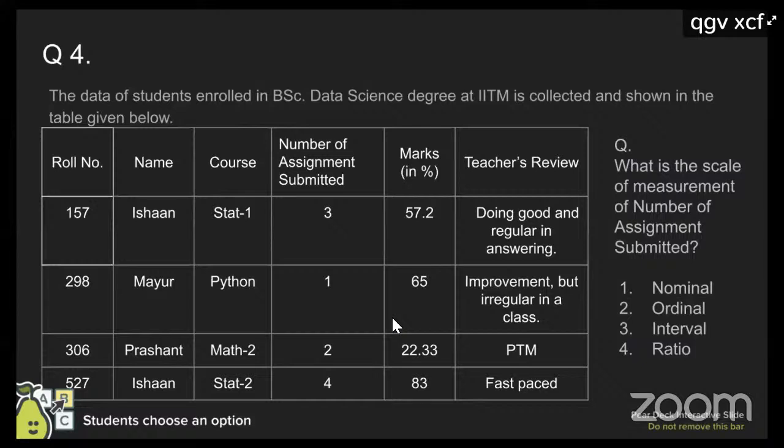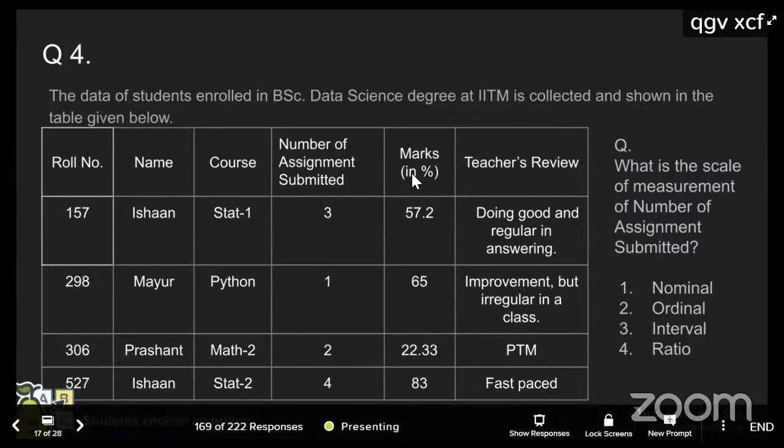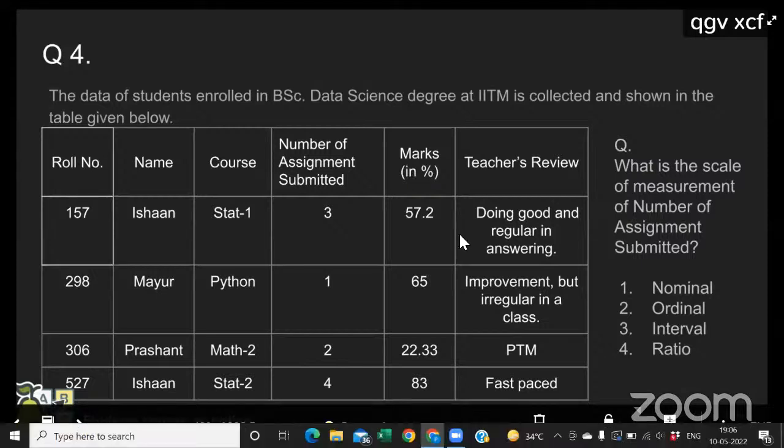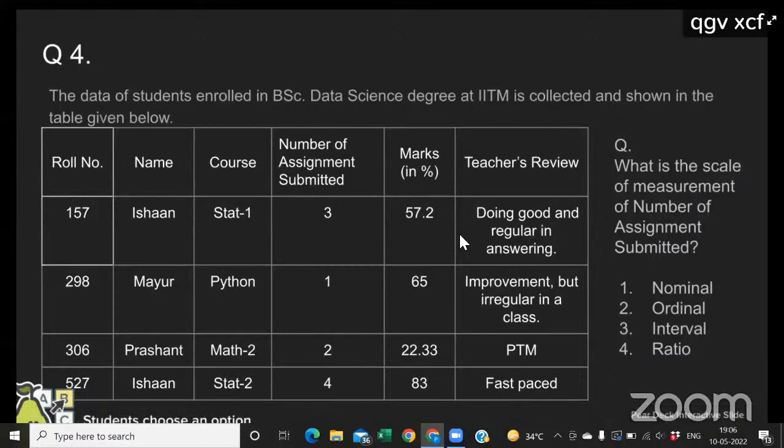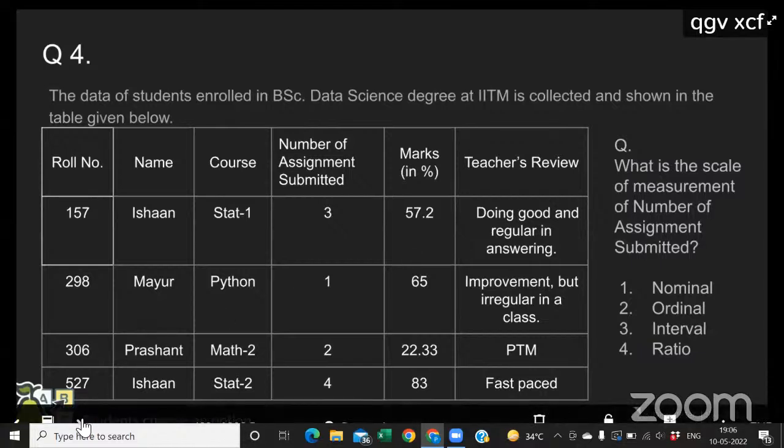If it's categorical data, then nominal and ordinal will be applied, and if it's numerical data, then interval and ratio will be applied. The basic difference between nominal and ordinal is ordering. The key difference between interval and ratio is the absolute zero property. That's it.